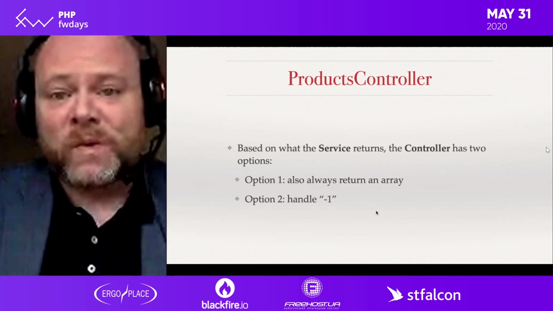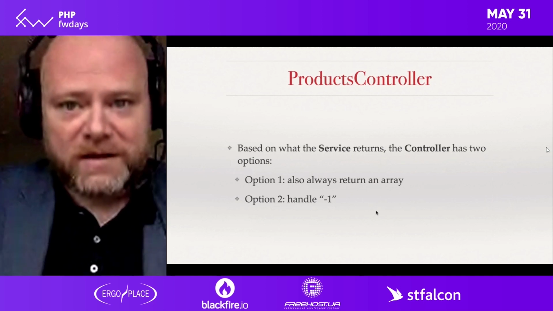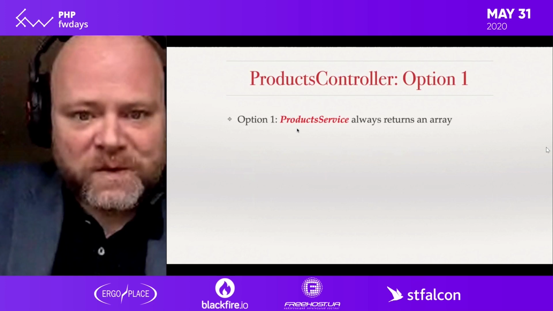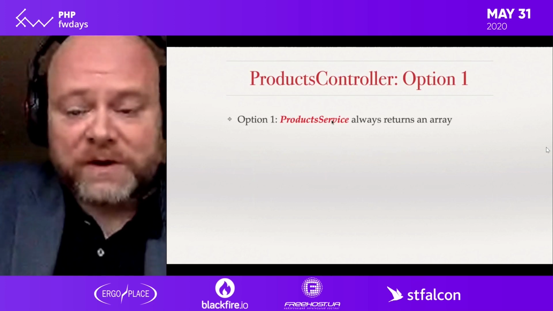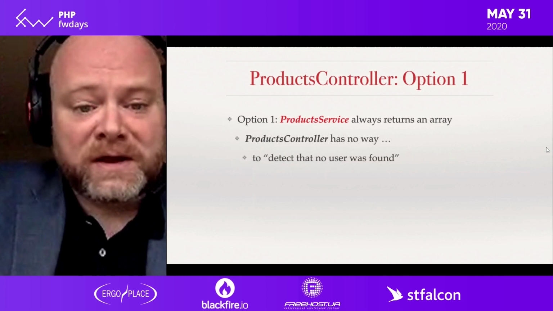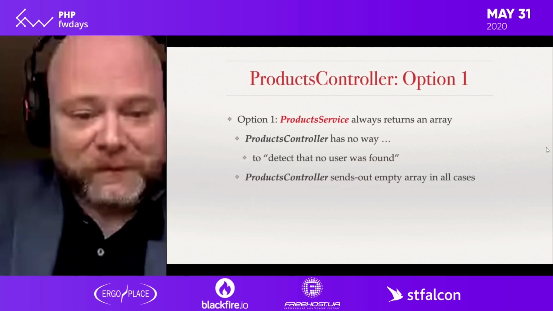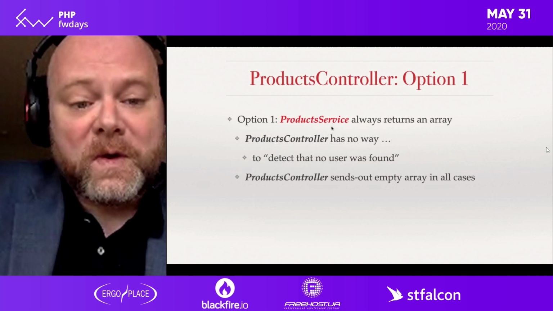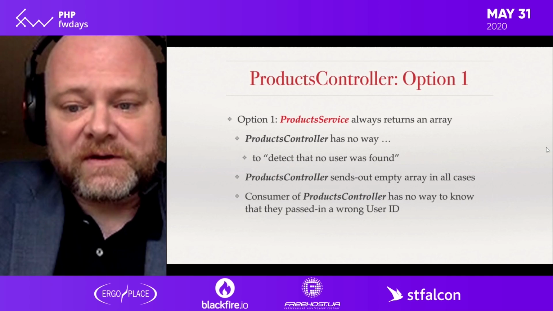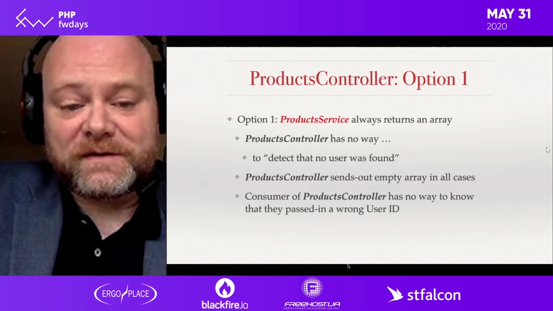In option 1, I'm not handling the error conditions. So option 1, the product service is always going to return an array. So the controller has no way to detect that no user was found. And so as such, the products controller is always going to send out an empty array in all cases.